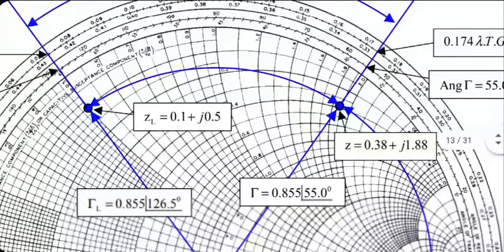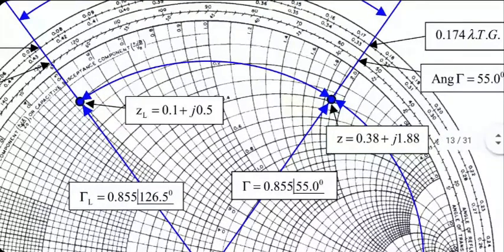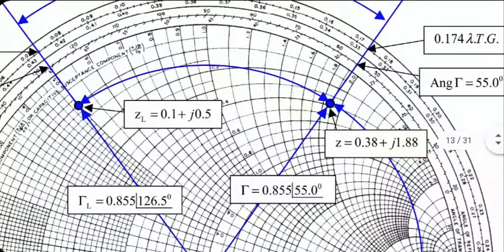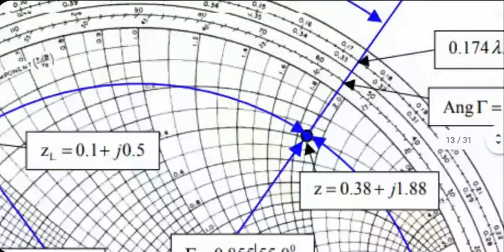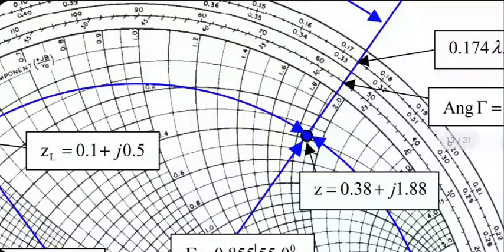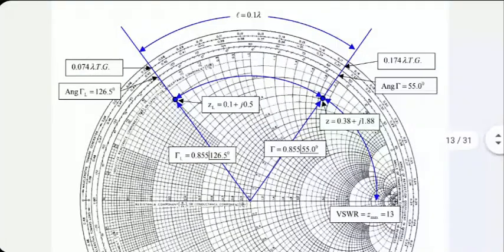The angle of the input reflection coefficient can be read directly from the appropriate scale. It is around 55 degrees, between 50 and 60. So it is around 55 degrees. The angle for reflection coefficient is marked in degrees here. Keep that in mind. The magnitude of reflection coefficient will not change.